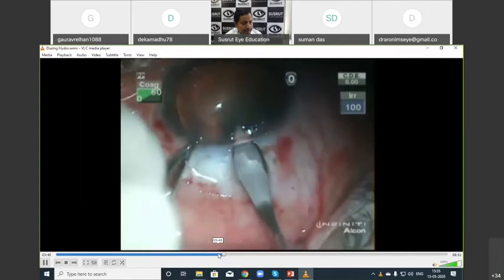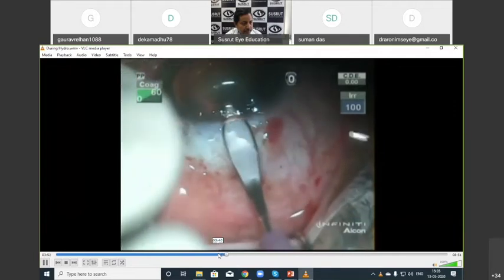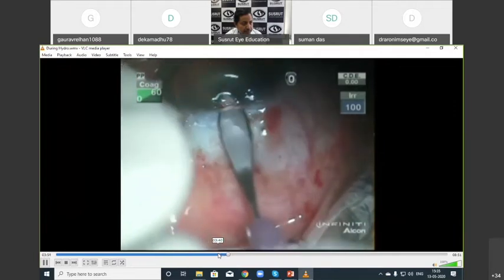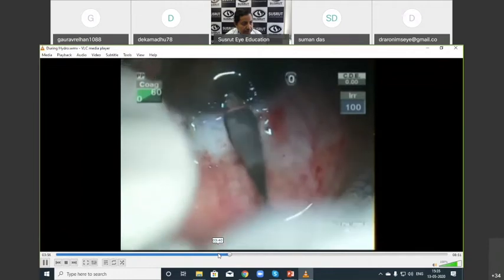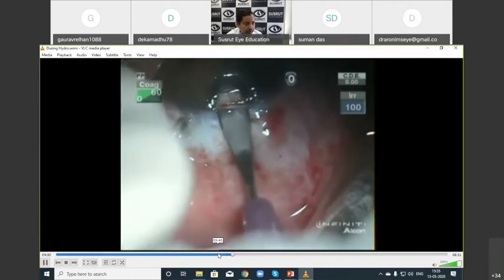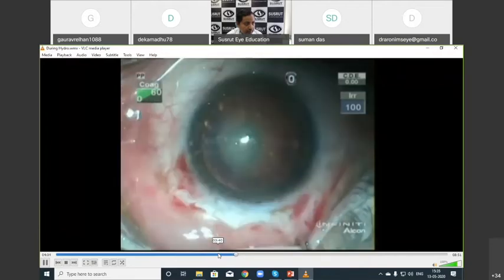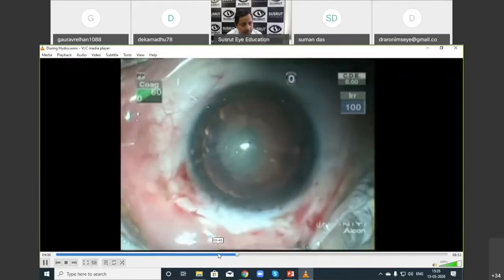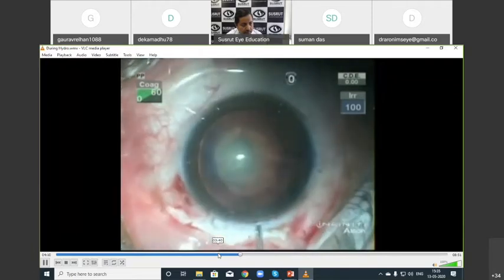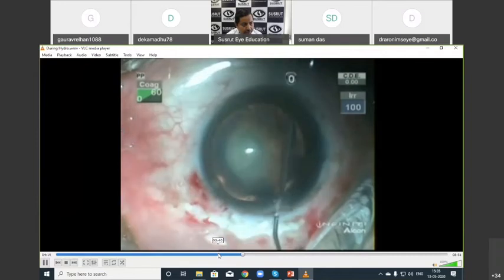Incision for the phaco probe, 2.8. Now hydro.